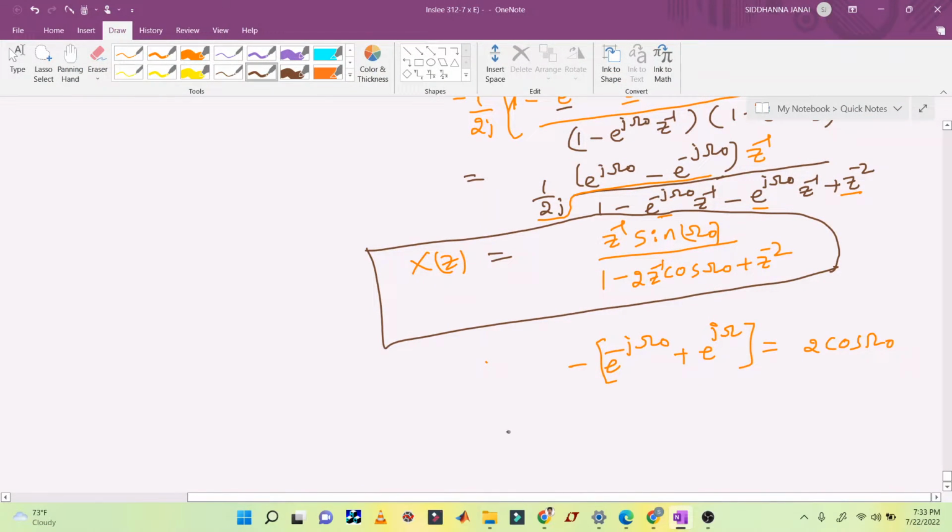Z inverse is there. What I will do, I will take z to the power minus 2 out common, then I will have to multiply it by z sine omega naught over z square minus 2z cos omega naught plus 1.